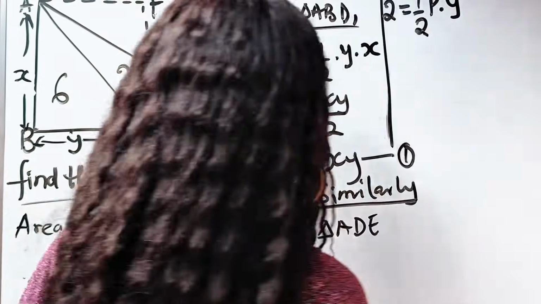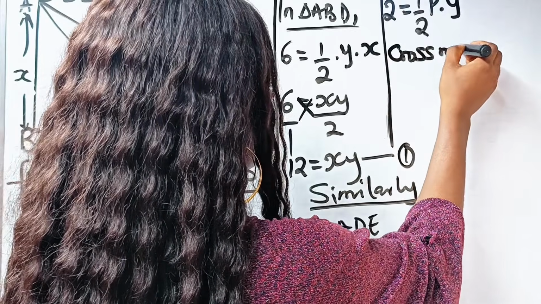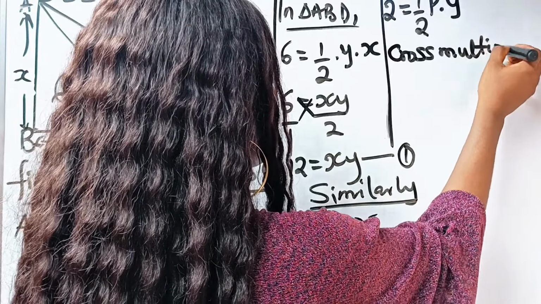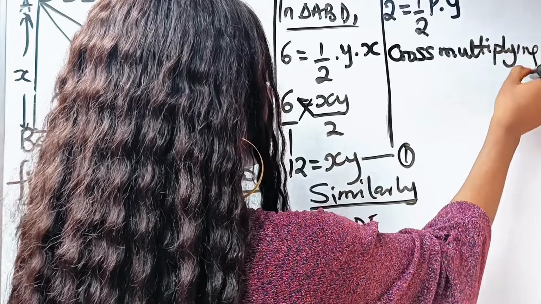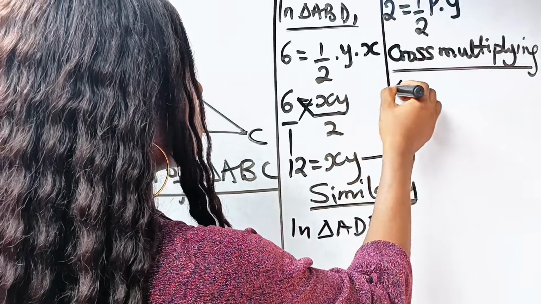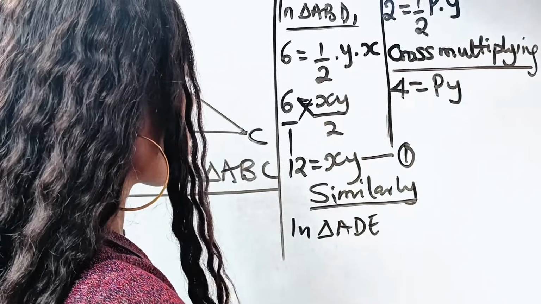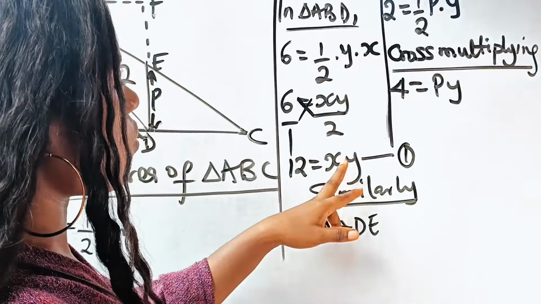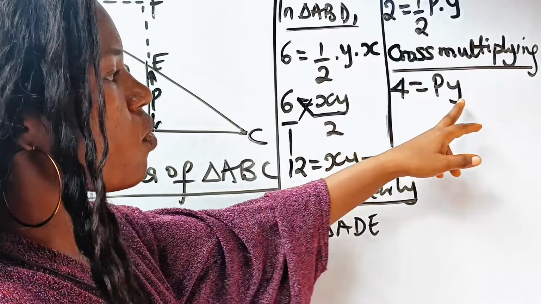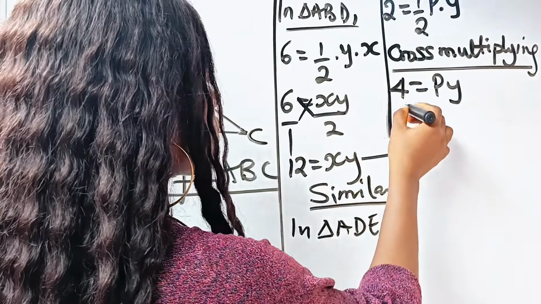So cross multiplying, 2 times 2 is 4. We have 4 is equal to PY. Since we have Y here and here, let's make Y the subject of the formula from equation 1.